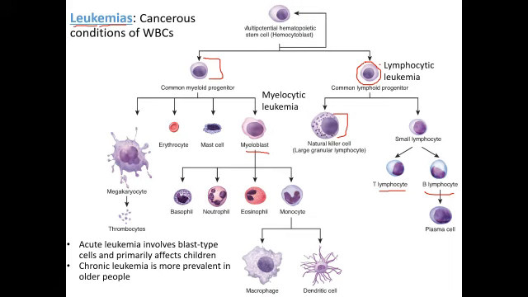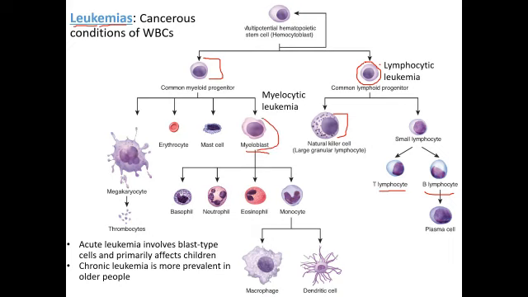Essentially, acute leukemia is very fatal very quickly, and so this generally involves mutations in cells farther up the line, right?